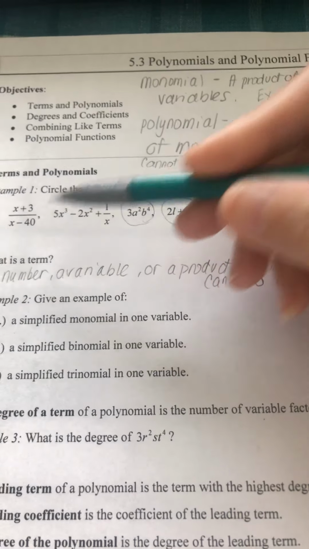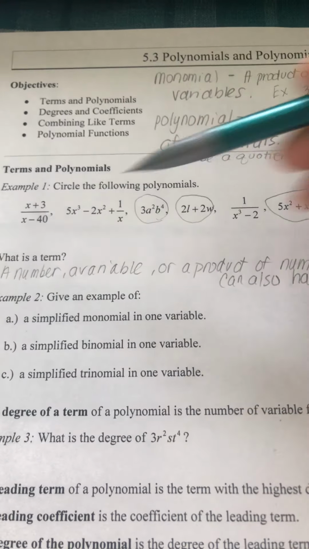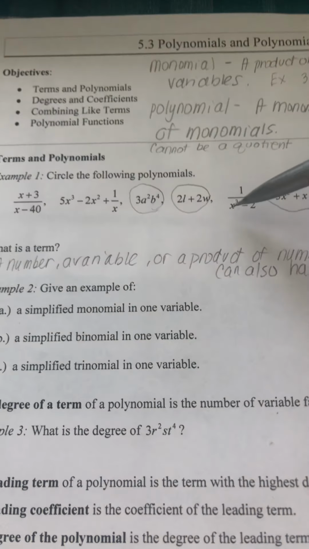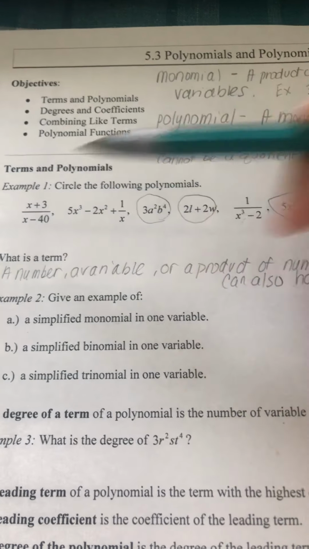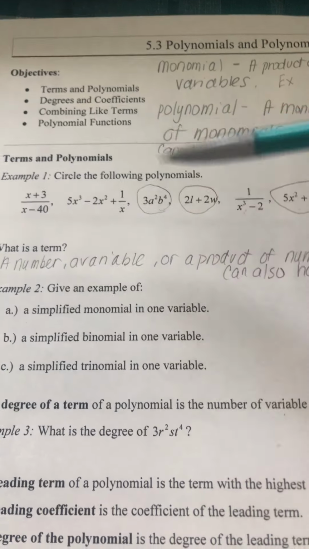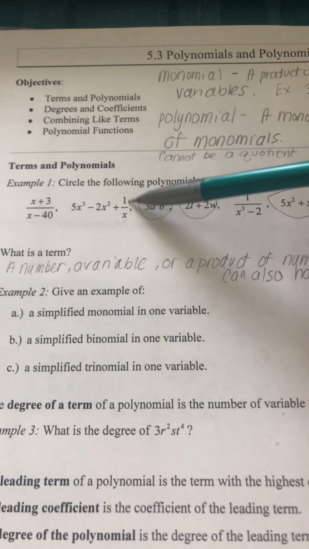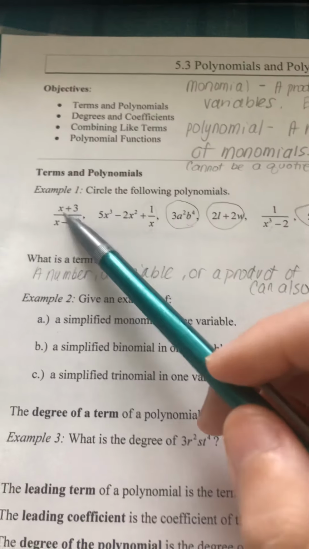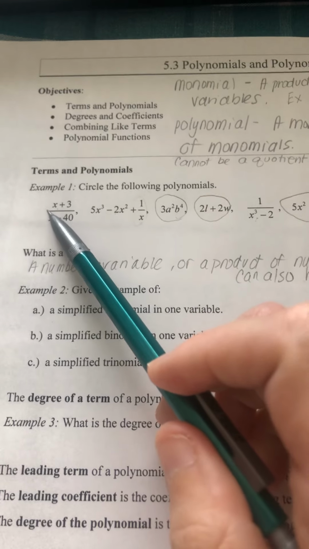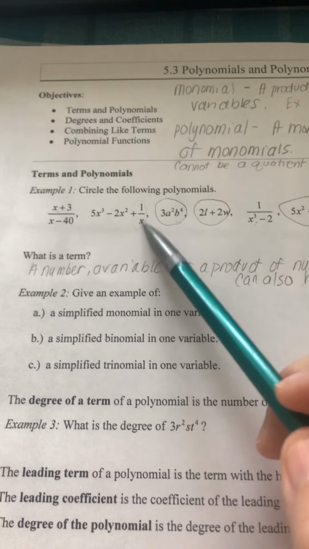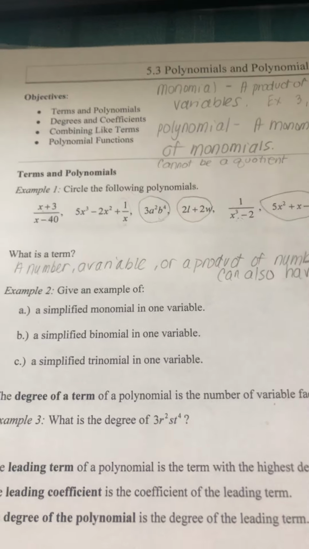These are not polynomials, the first one and the fifth one, because they're actually quotients because of the division. Here it's the division that makes it problematic, and in this one, the term that contains division is what makes it problematic. So these three are not polynomials, because of the division.